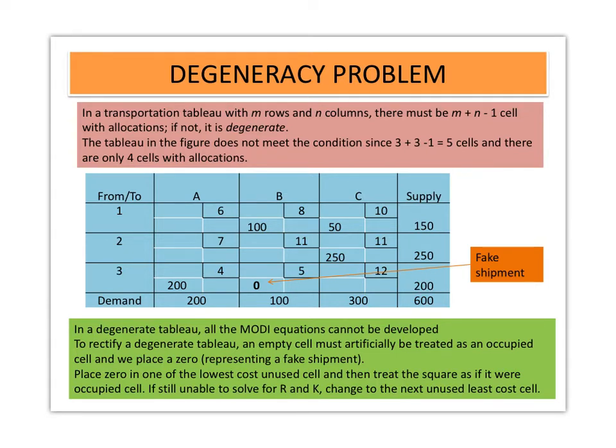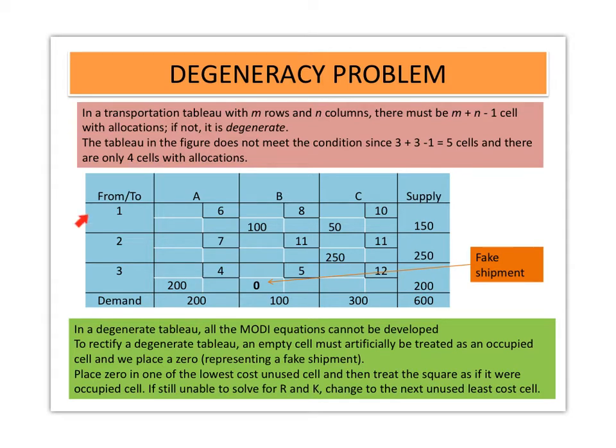Okay, so what do we do? Now the problem of degeneracy arises when we want to calculate the row cost. Okay, we have row 1, row 2, row 3, and column 1, column 2, column 3. Now we have 3 rows, so 3 RIs, and 3 columns, so 3 KGs.